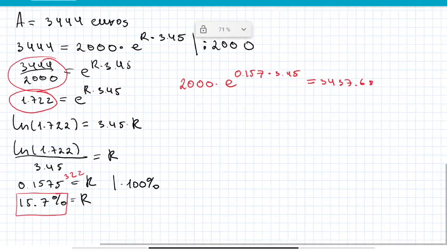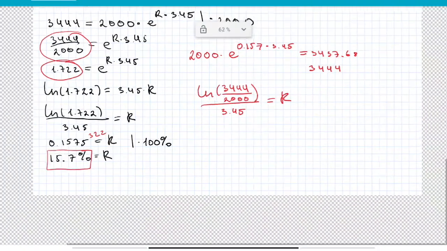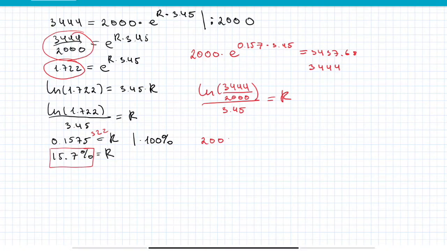If you want to have exactly 3,444, use a fraction, so make it ln of 3,444 divided by 2,000, and divided by 3.45, is equal to R. And if you want to check it, instead of this value you can rewrite the whole big fraction like this, divided by 3.45 multiplied by 3.45.